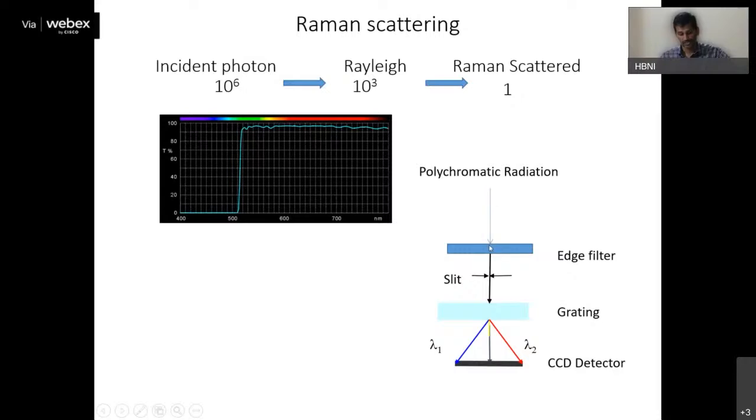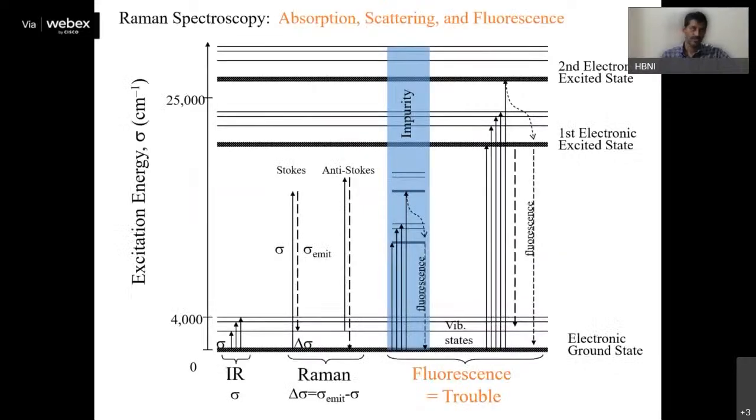Then you filter out the incident monochromatic light, put in the slit, and then disperse it, and one can record either single channel using a PMT or multi-channel. Nowadays, CCDs are very popular, and their signal to noise ratio is also very good. So one can record these spectra.